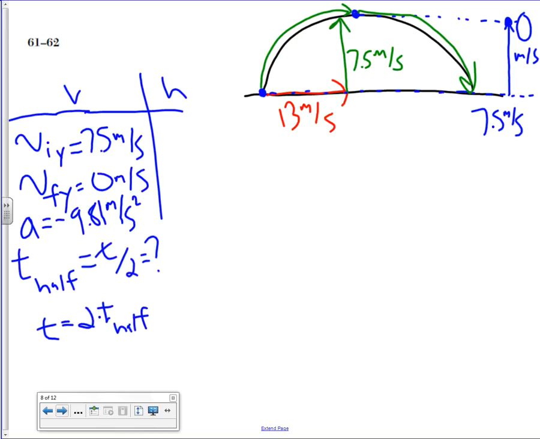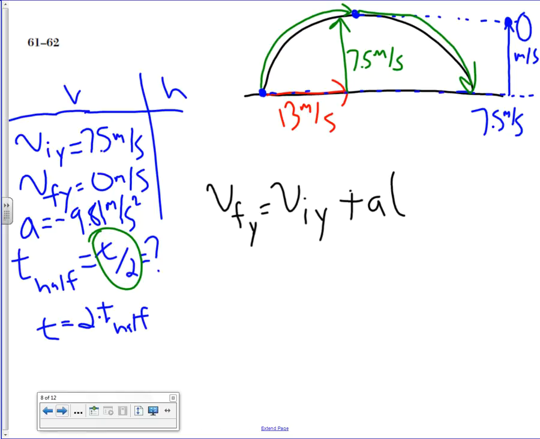We solve for this, or if we plug in this t over 2, we can actually just put that last step in at the beginning and skip a whole explanation. So if we use our equation, VFY is equal to VIY plus A, I'm going to say t over 2.